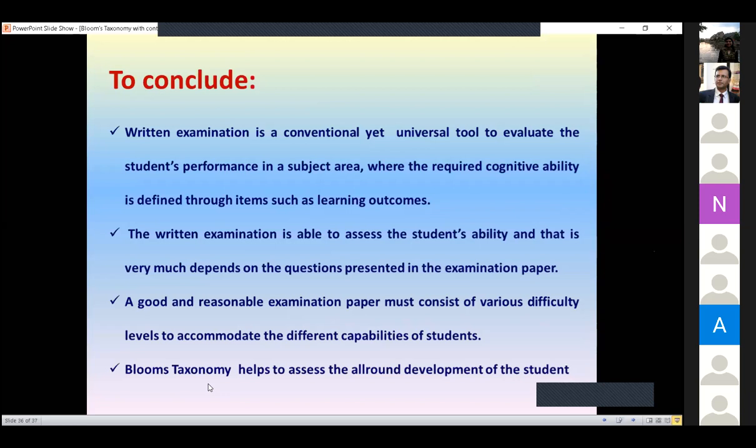So a good and reasonable examination paper should have different levels which can accommodate different capabilities of the students. This is a very important part. Bloom's taxonomy is going to help the all-round development of the students.